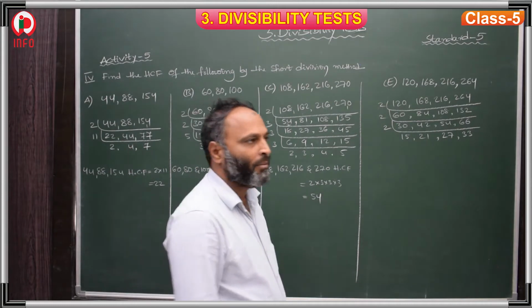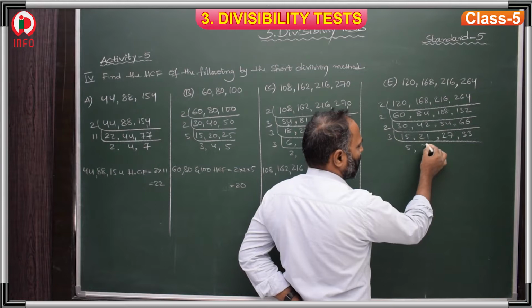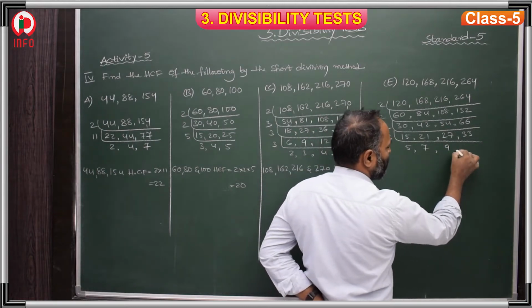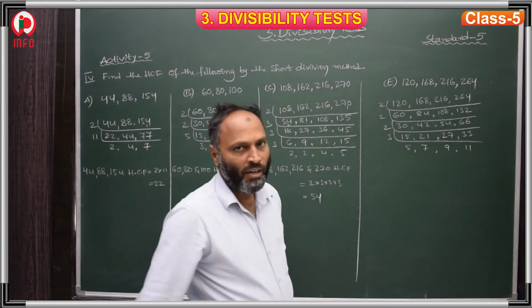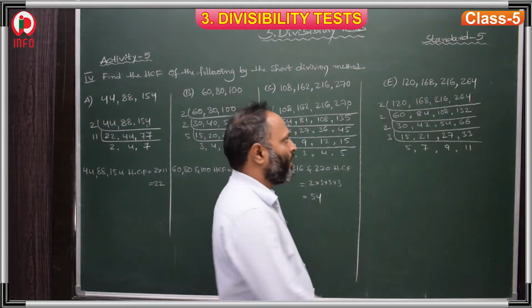Again all are divided by 3. 3 5s are 15, 3 7s are 21, 3 9s are 27, 3 11s are 33. Now all are different numbers, so you don't take more. Till here the product is our HCF.